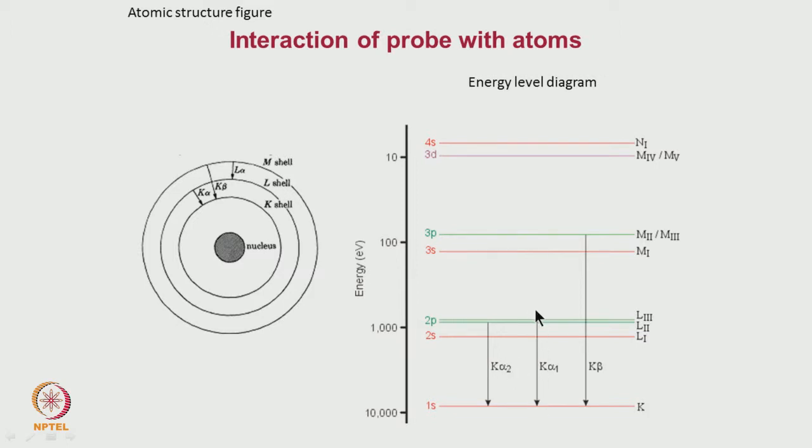Assume that instead, this energy is used to knock out another electron from a higher level, which requires very small energy. This transition is called a radiationless decay, a radiationless transition.